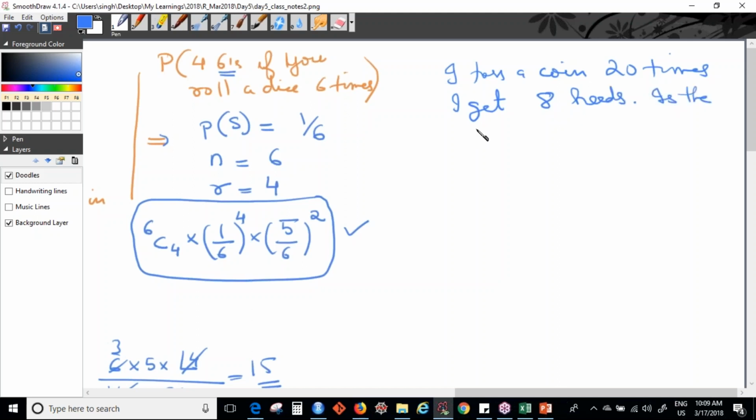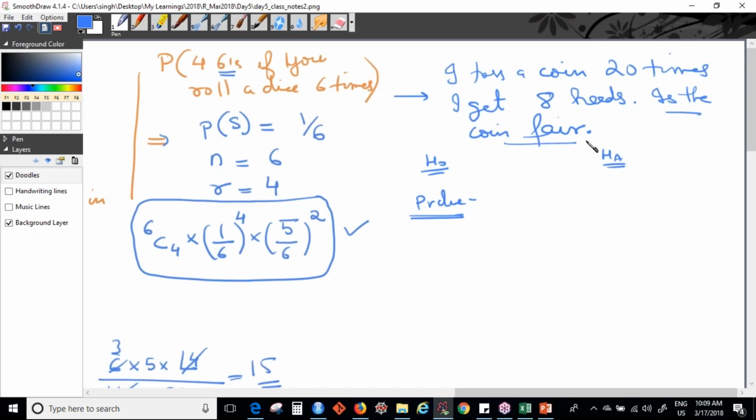And the same question: is the coin fair? So can you guys try to do this? Take out your notebook, write down your null hypothesis, write down your alternative hypothesis, then try to find your p value, and based on whatever you get, try to answer this question.